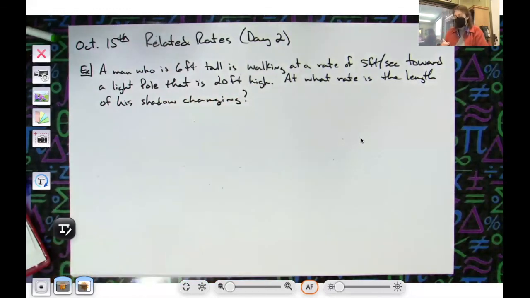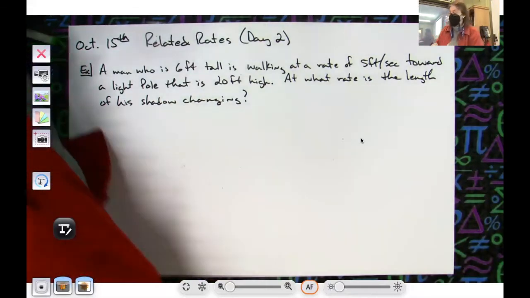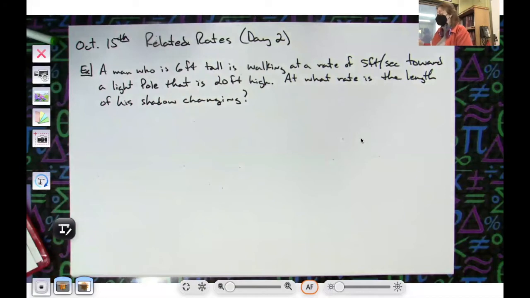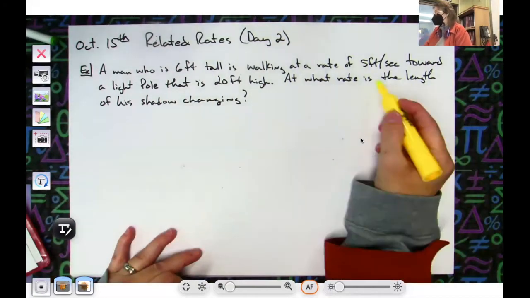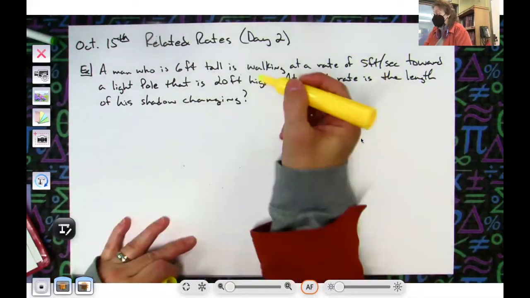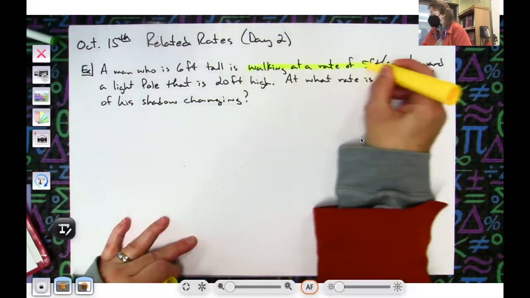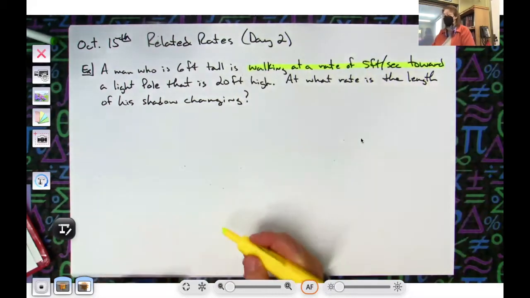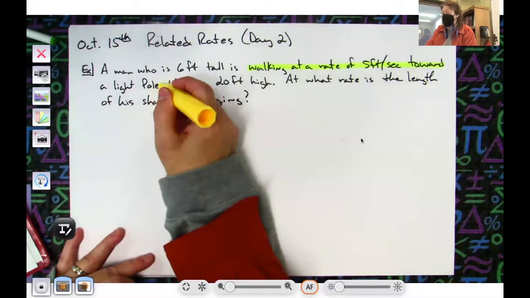So the key here is going to definitely be in reading carefully, highlighting important pieces and parts of the story problem. Okay, so the man is 6 feet tall and he is walking at a rate of 5 feet per second toward the light source.